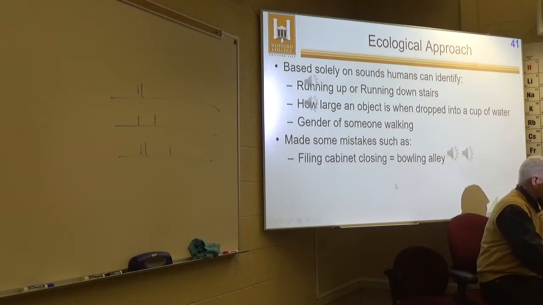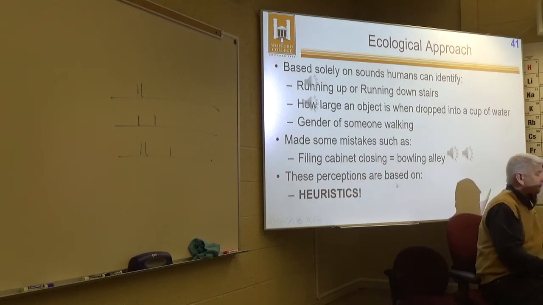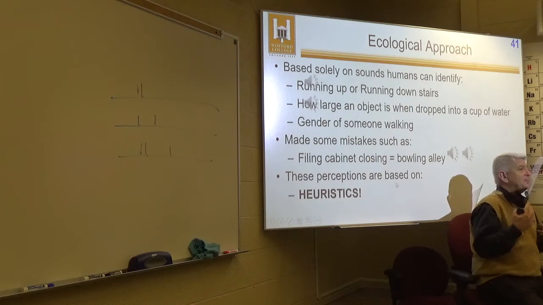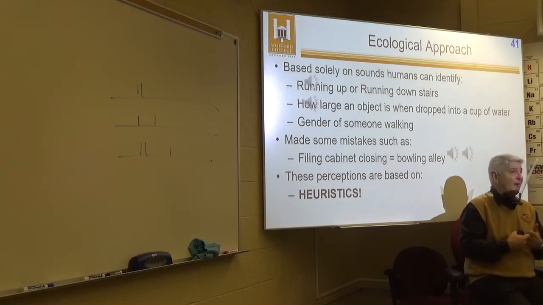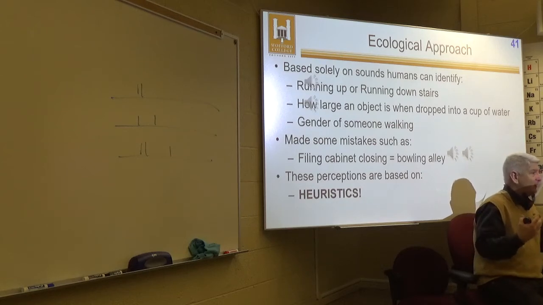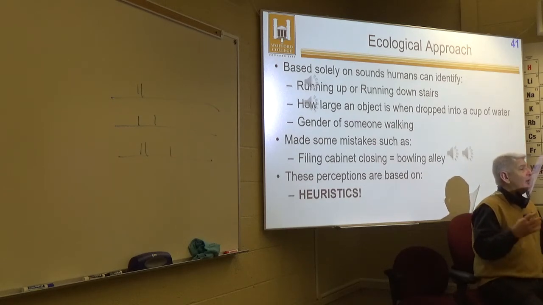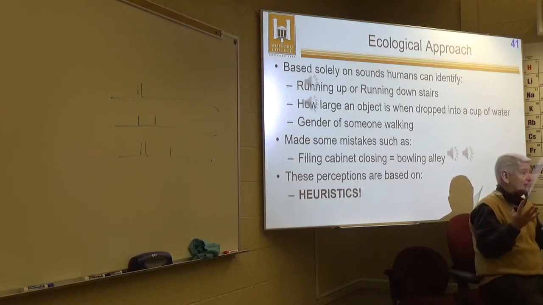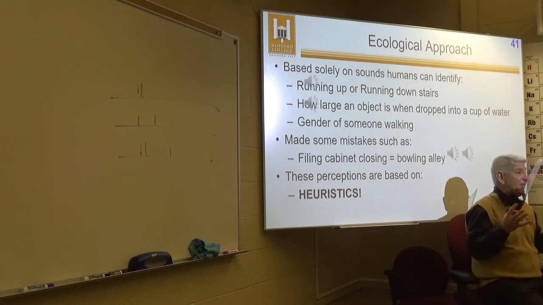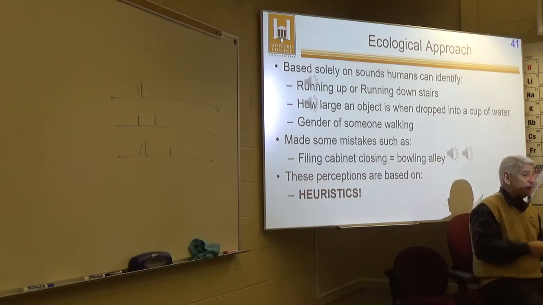All of this is based on heuristics that get encoded through our natural exposure in the environment to these sounds. That's all of this subconscious learning, these associations between changes in sound frequencies that become associated with actions of objects.